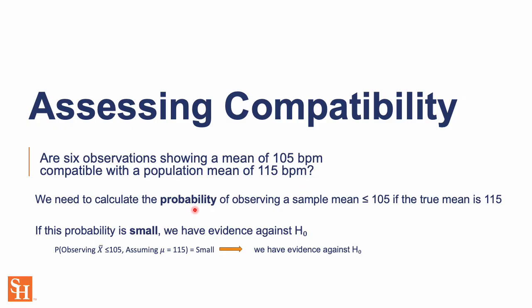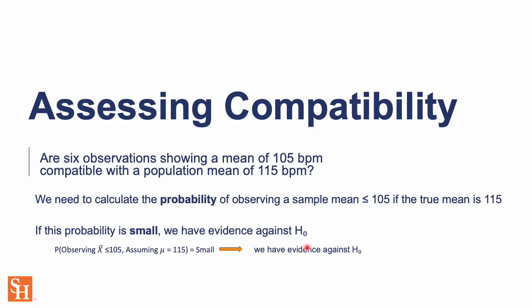So we need to calculate the probability of observing a sample mean less than or equal to 105 if the true population parameter value is 115, right? And if this probability is very small, then what does that mean?